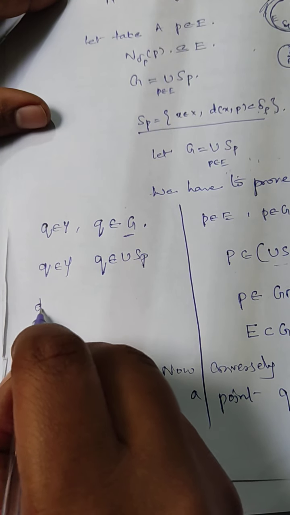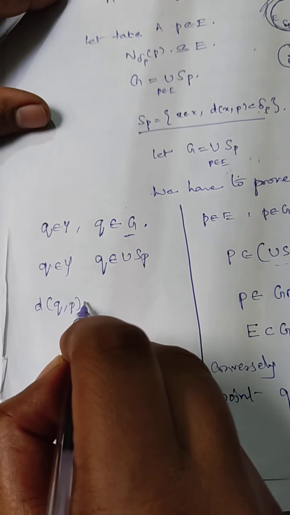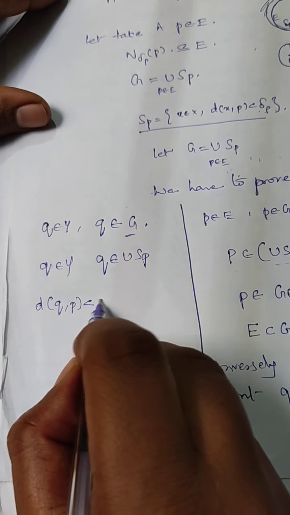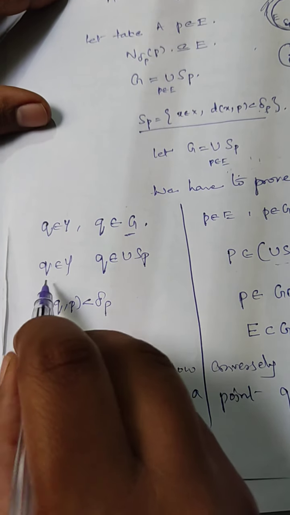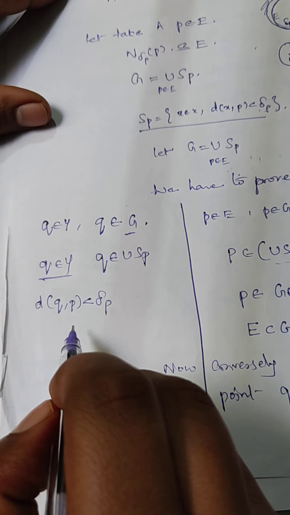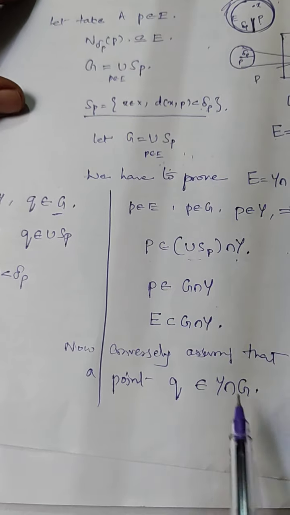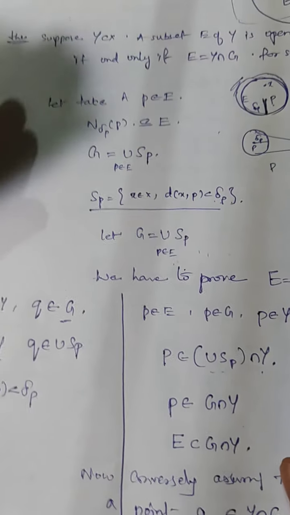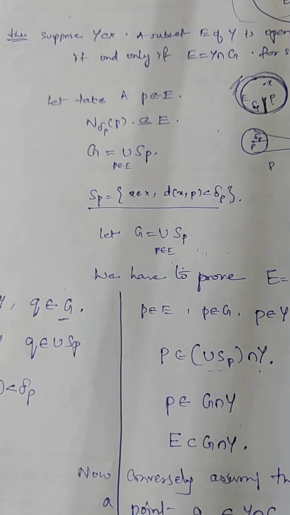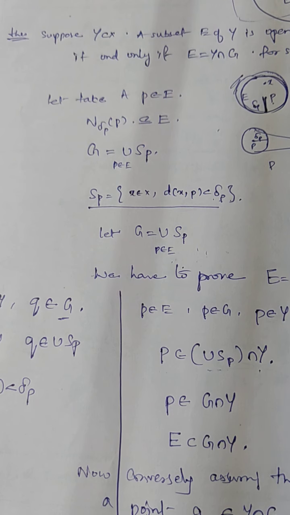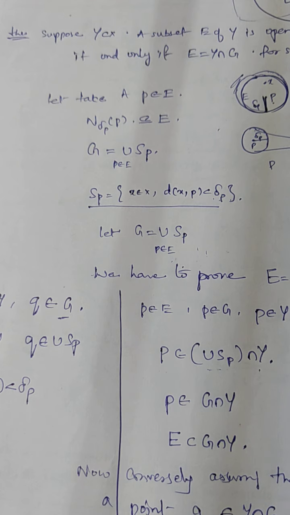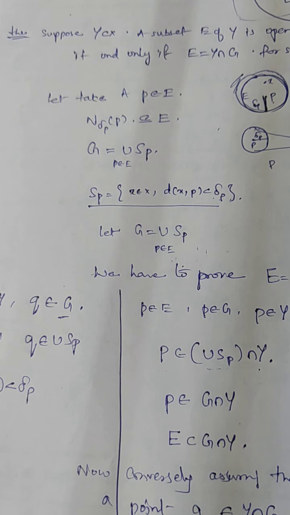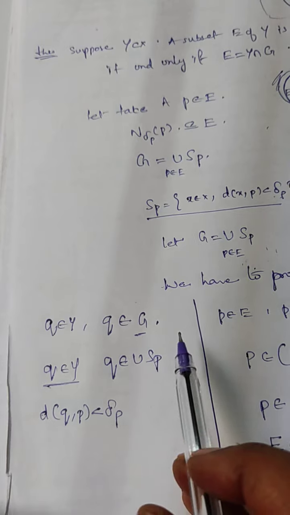the distance from Q to P is less than δ_P, since it belongs to Y, and Y can be written as, sorry, I have not written that.